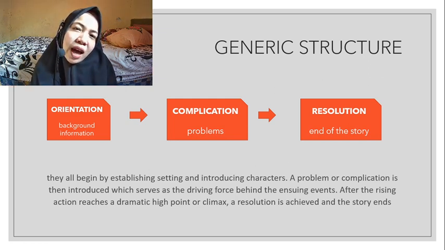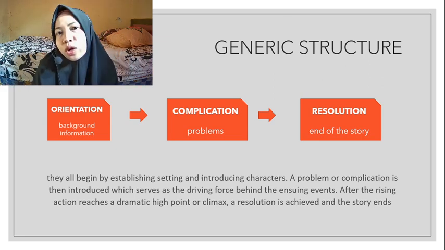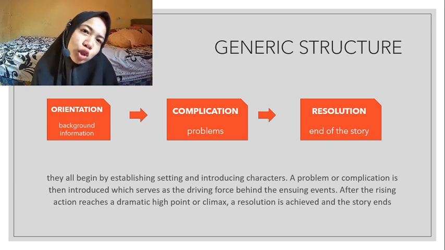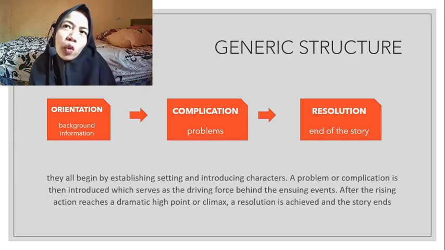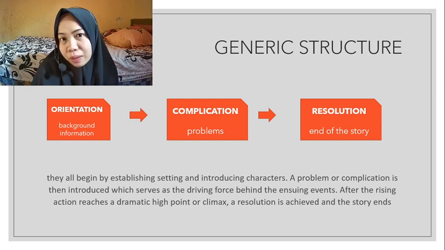It should exist in the complication part. So you can develop your story based on several events or problems, but remember it should focus on one big problem. So remember, short stories should only contain one main problem.